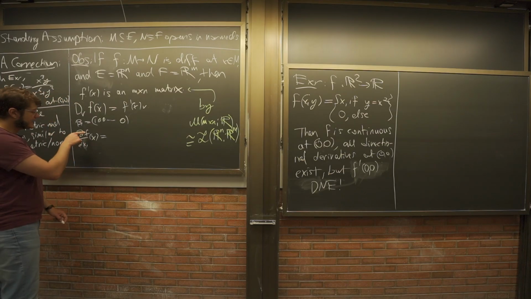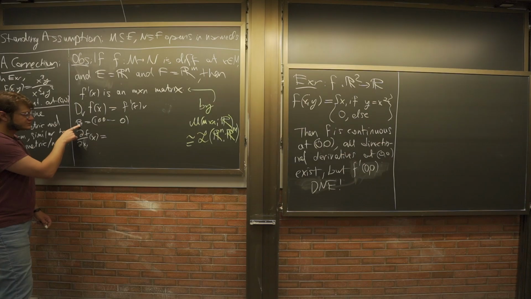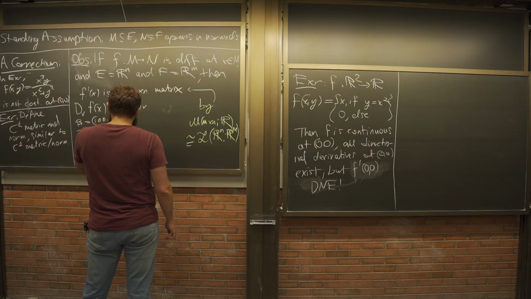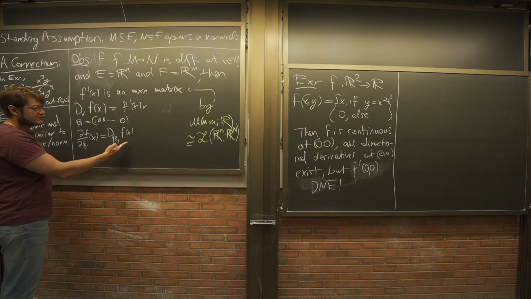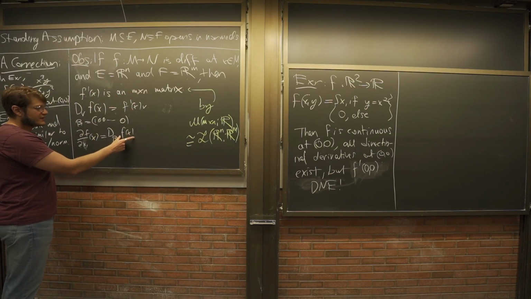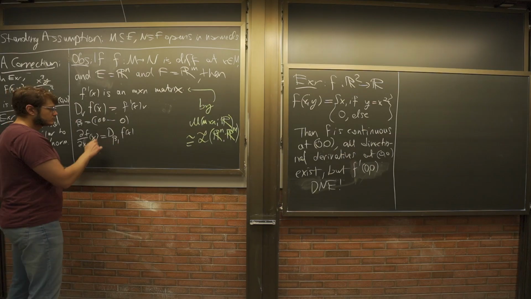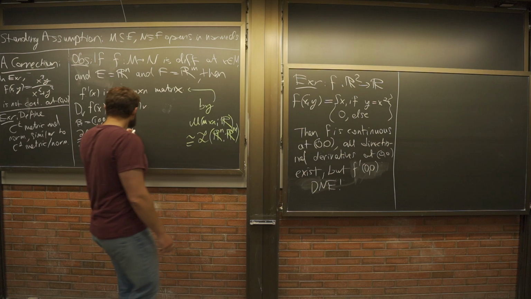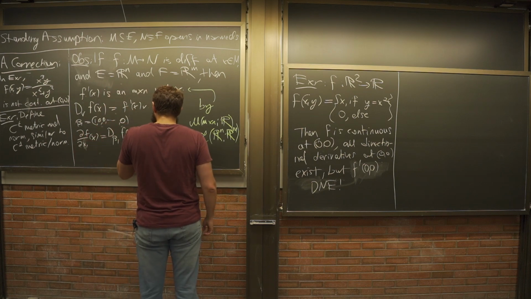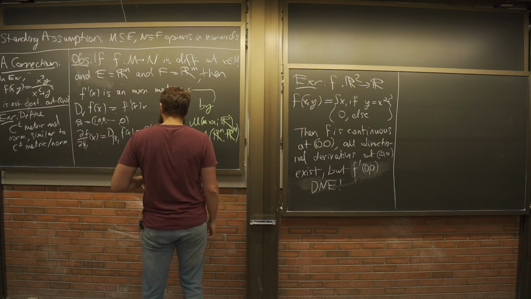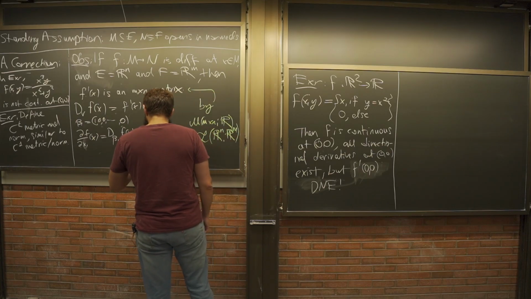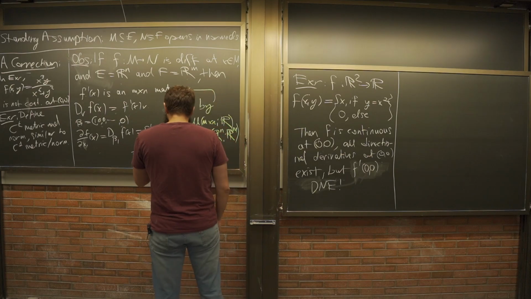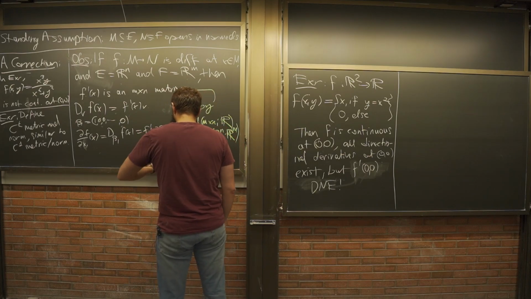This partial is the directional derivative of f in this direction at x. But then by this formula, this is nothing but f prime of x applied to beta 1. So this is a tuple. This is nothing but f prime of x applied to beta 1, which is the same thing as this matrix multiplied by this.